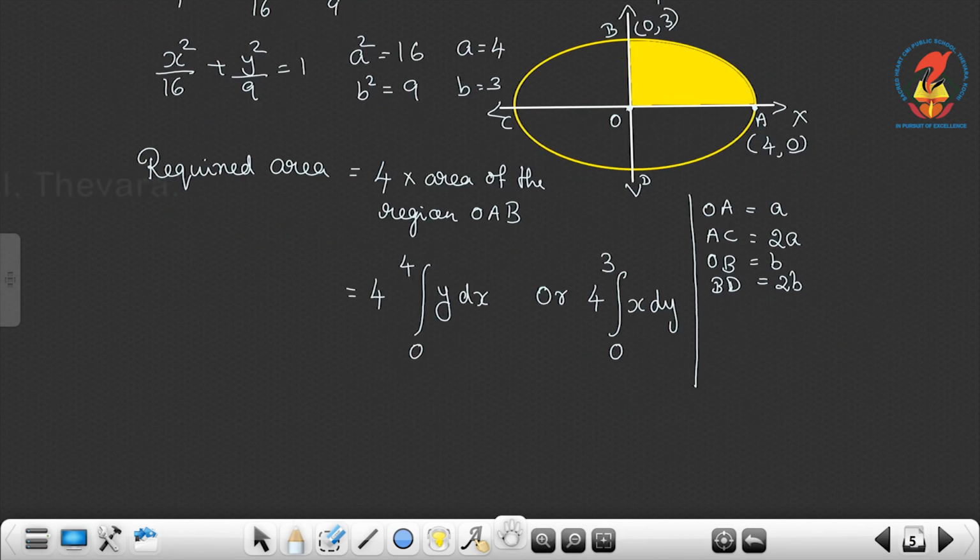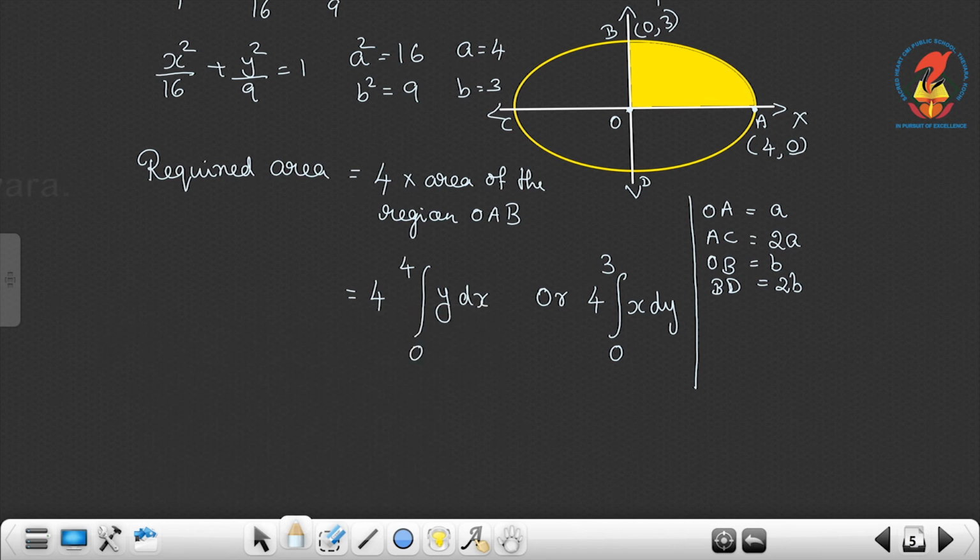Now, what is y? In y dx, y we have to find from the equation. This is the given equation, so from that we have to find y. Which is equal to 4 times the integral 0 to 4. x square by 16 plus y square by 9 is equal to 1.